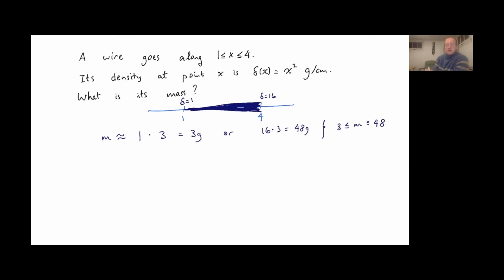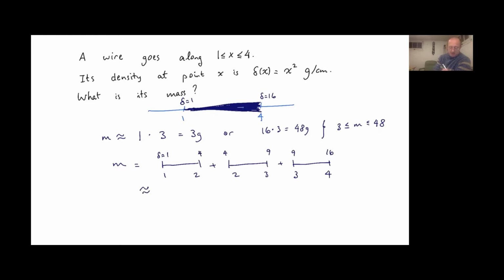What if we break this wire into 3 pieces and figure the mass of each piece and add them up? So a piece from 1 to 2, a piece from 2 to 3, a piece from 3 to 4, and the densities are x squared, so 1, 4, 9, and 16.